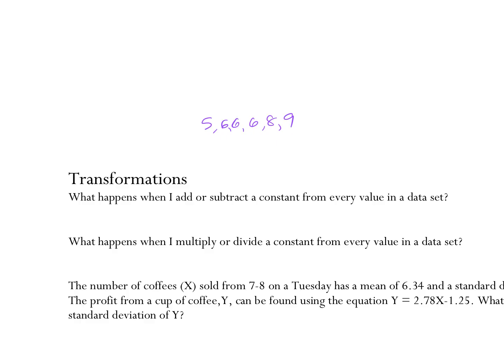If I average those, my X bar is 6.67. I'm going to use my range as my measure of spread, which would be 9 minus 5, which is equal to 4.